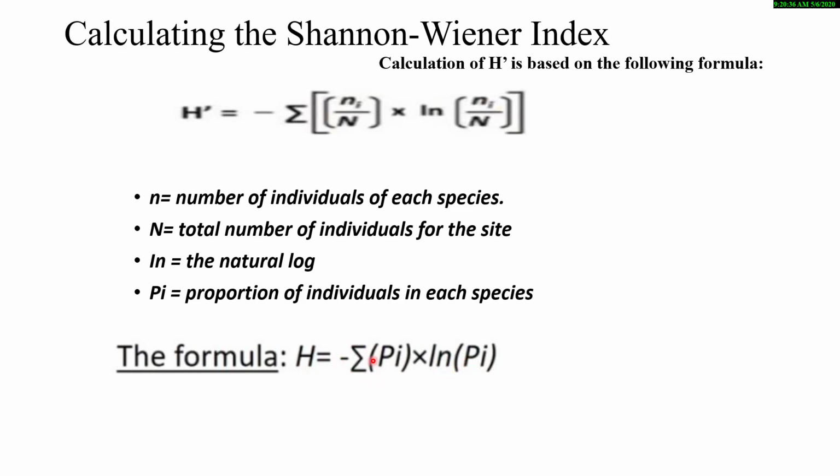So this is the summation of the negative sum of the proportion of the species times the natural log of the proportion of that species.